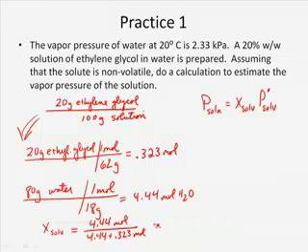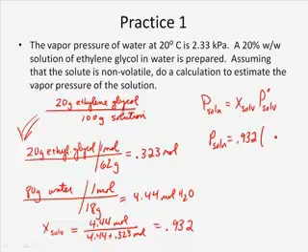That gives us a mole fraction of 0.932. So the vapor pressure of the solution is 0.932 times, and it didn't specify units, so we'll just keep it in kilopascals, 2.17 kilopascals would be our vapor pressure of the 20% ethylene glycol solution.